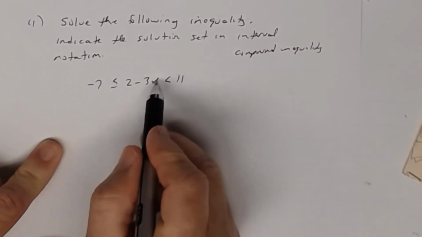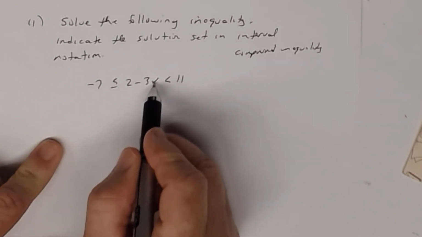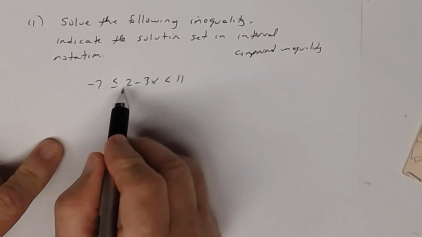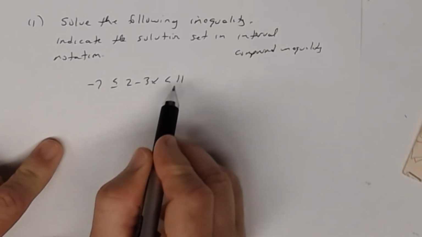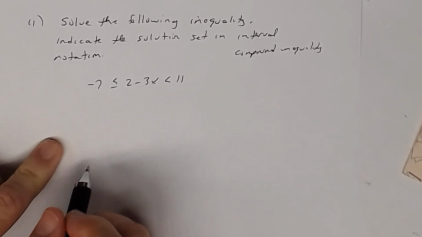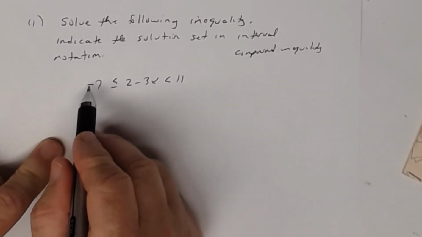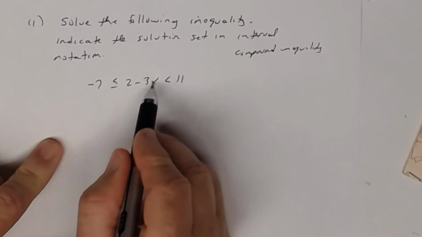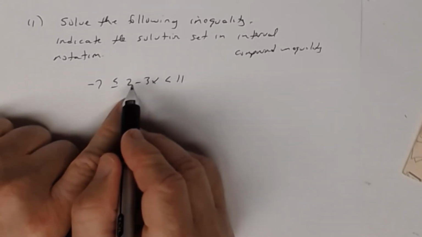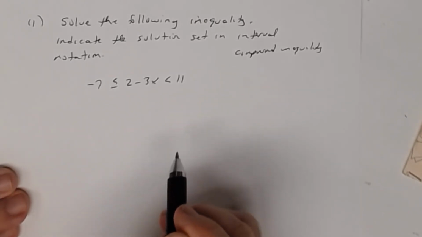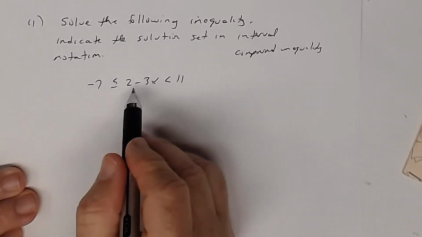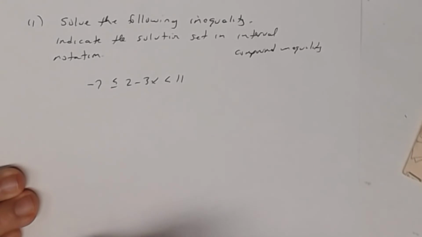So you're going to find all the values of x so that negative 7 is less than or equal to whatever that number is, and that number has to be less than 11. It's not easy to guess at this, so you have to do some mathematical work here.